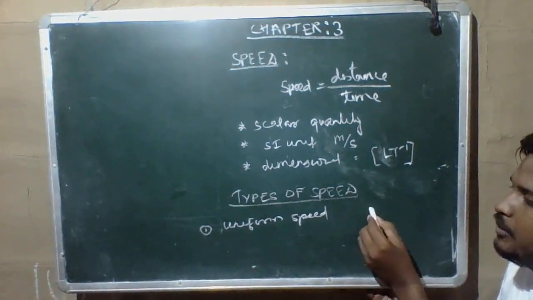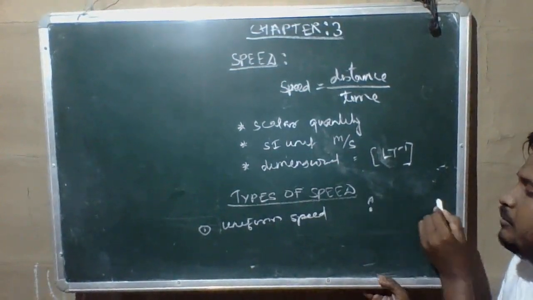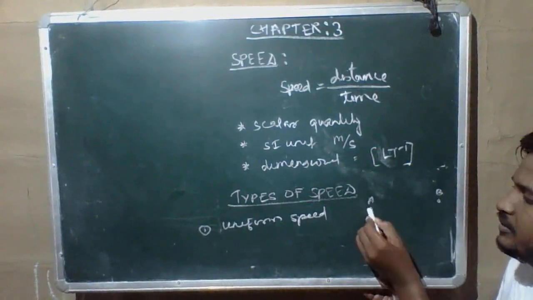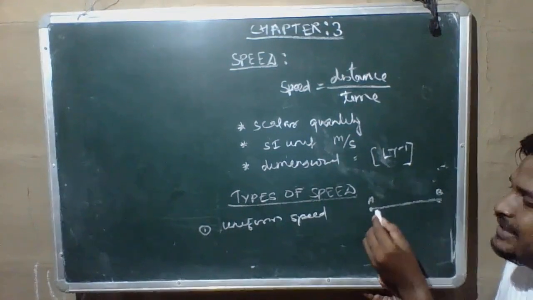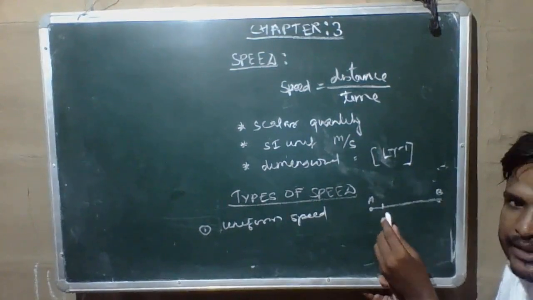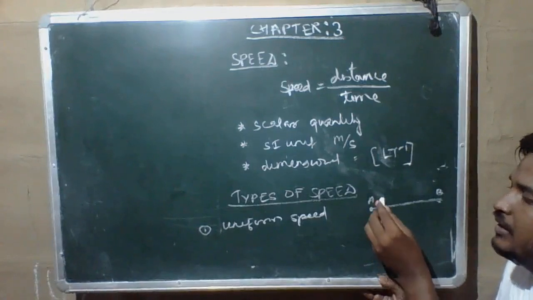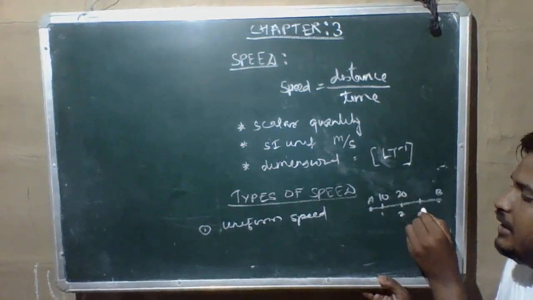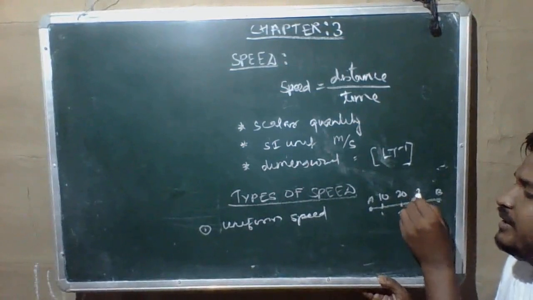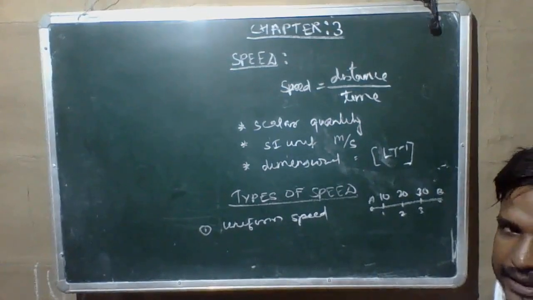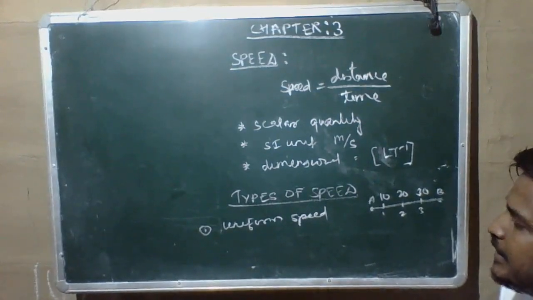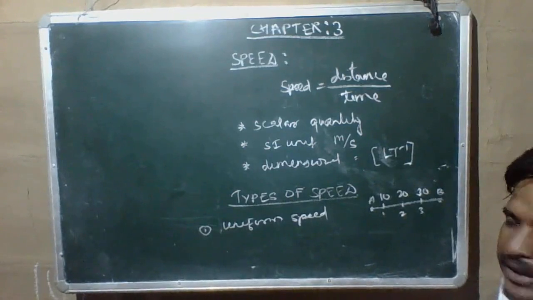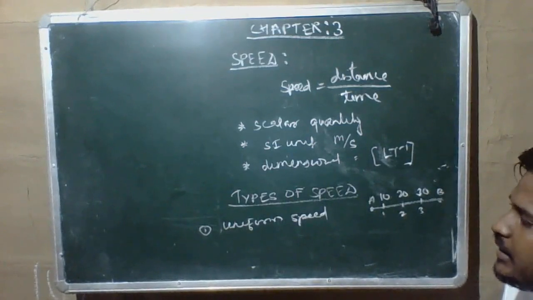Suppose a body is going from point A to point B. In the first second it covers 10 meter, in the second 20 meter, in the third second the total distance is 30 meter. You see how the distance is increasing by 10 meter every second.